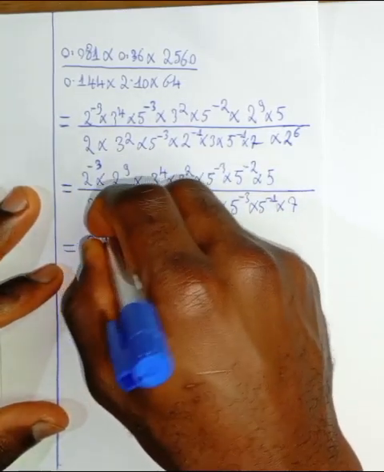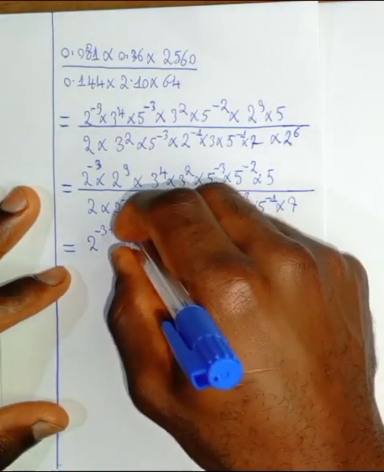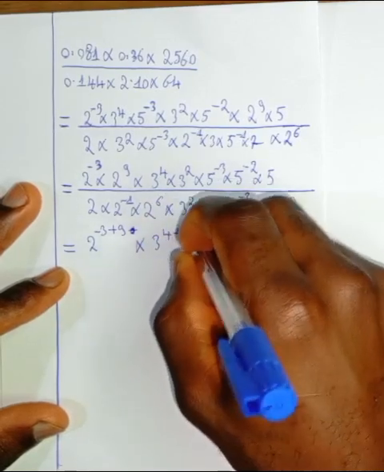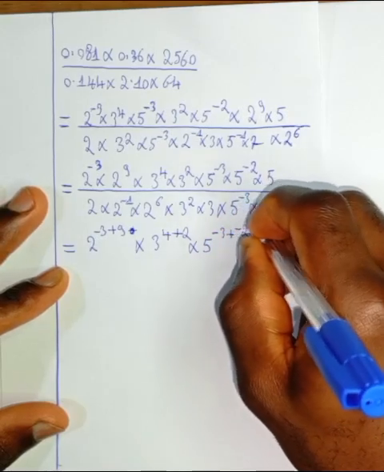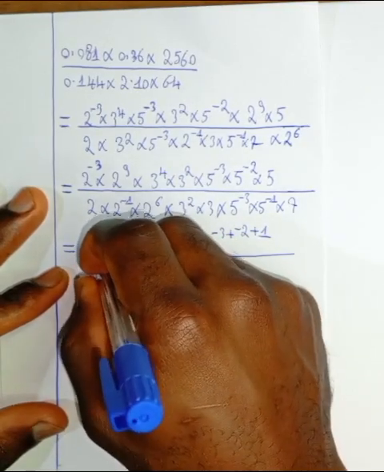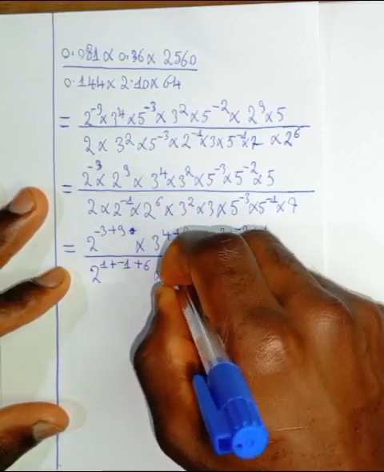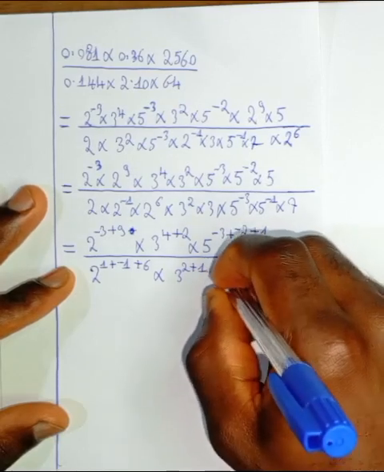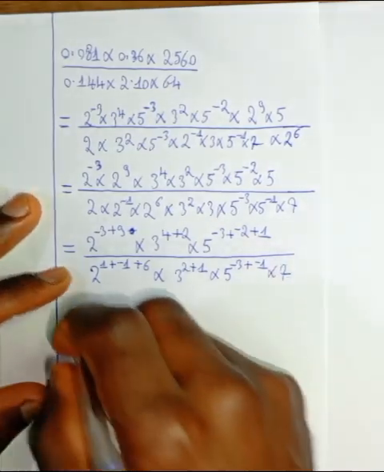2 raised to the power negative 3 plus 9, times 3 raised to the power 4 plus 2, times 5 raised to the power negative 3 plus negative 2 plus 1, all over 2 raised to the power 1 plus negative 1 plus 6, times 3 raised to the power 2 plus 1, times 5 raised to the power negative 3 plus negative 1, times 7.